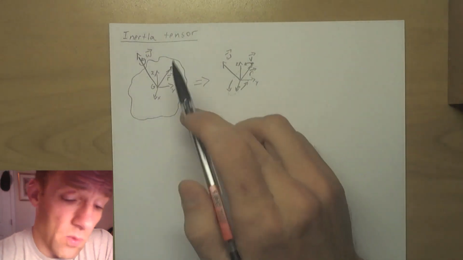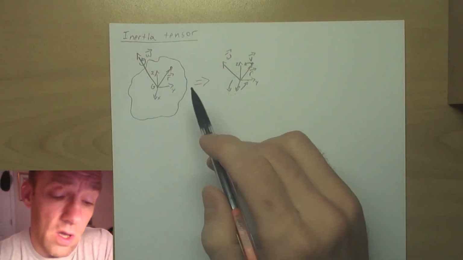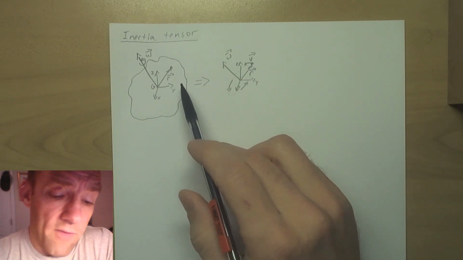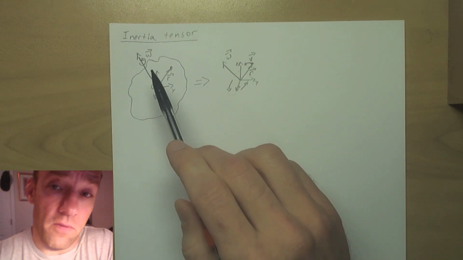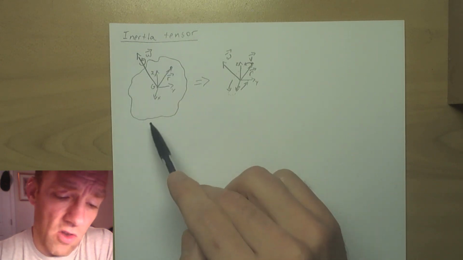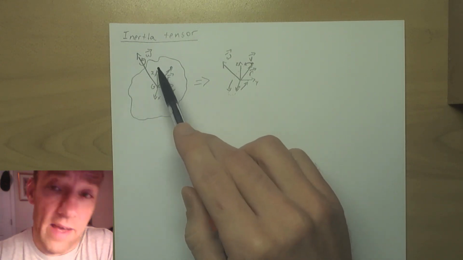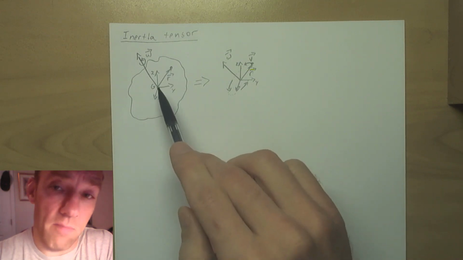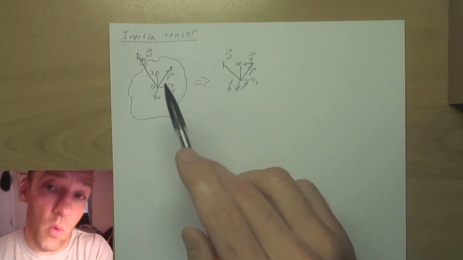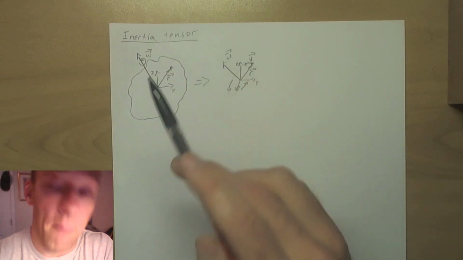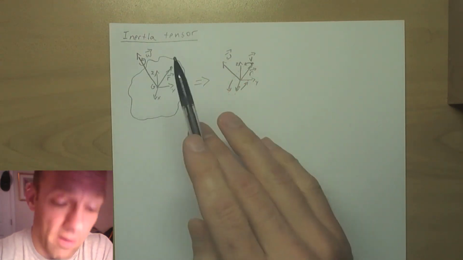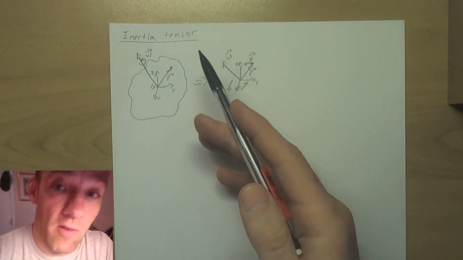Okay, when we're studying rigid body motion, we have to modify our idea of mass, because we have a situation here where we have a distributed mass. The mass isn't concentrated at a single point where we're just going to be able to take the mass of that point and calculate momentum based on its movement.